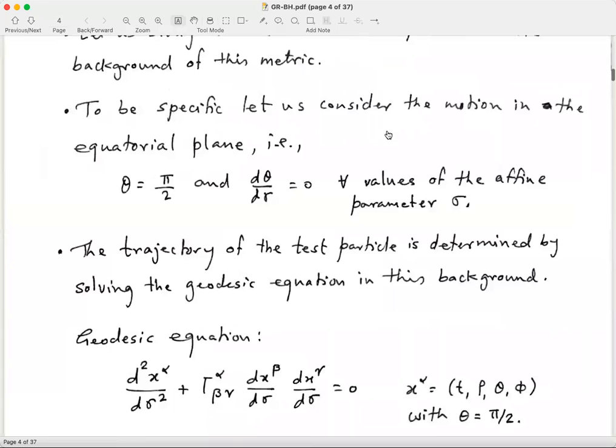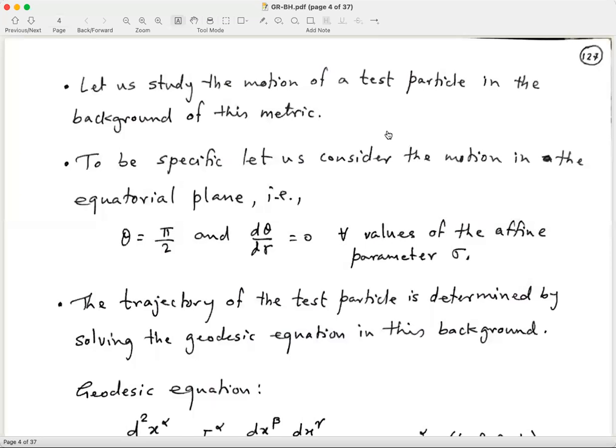Fine. Then we decided to study motion of a test particle in the background of this particular metric. And since the metric has spherical symmetry, and from whatever we had learned from Kepler's law, we knew that if we look at planar motion, then the conservation of angular momentum would tell us that the particle will never get off that plane.